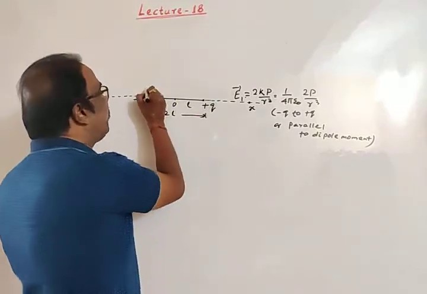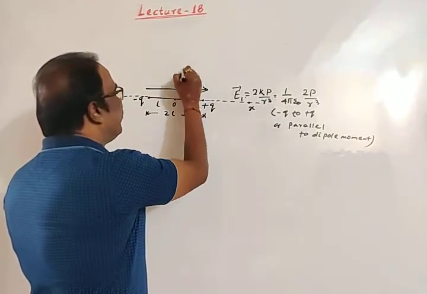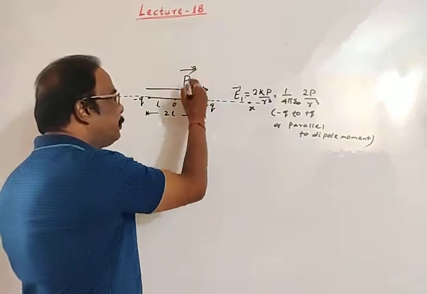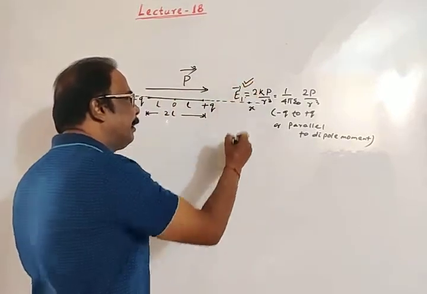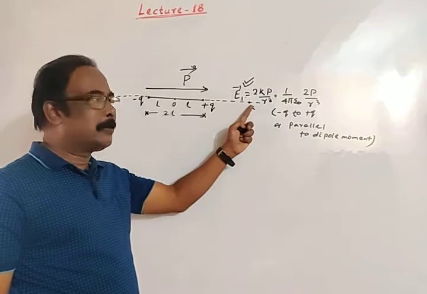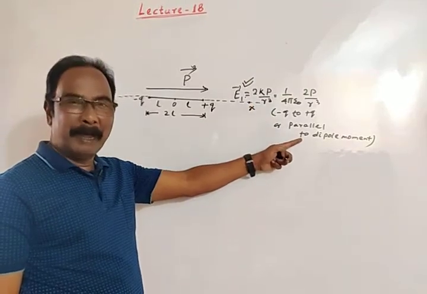The direction of dipole moment p is also from minus q to plus q. So the electric field intensity at any point on the axial line is parallel to the dipole moment.